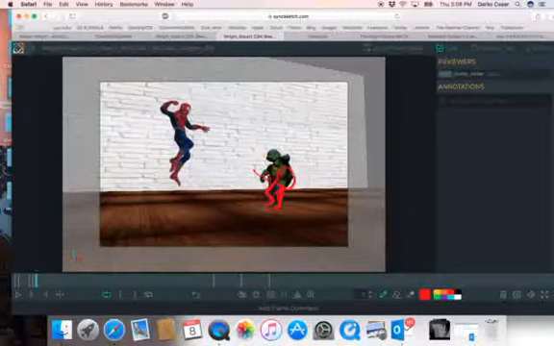Even if the toes are on the ground and the heel is up, it's going to look like he is dragging his foot, but not really sliding on the floor. You know, that would look better. He doesn't really have to lift his leg all the way up.